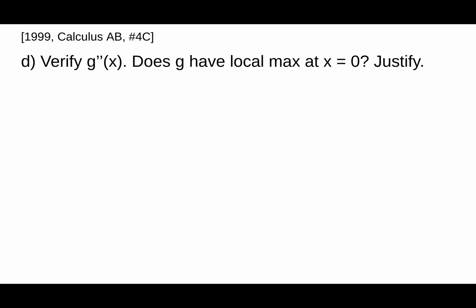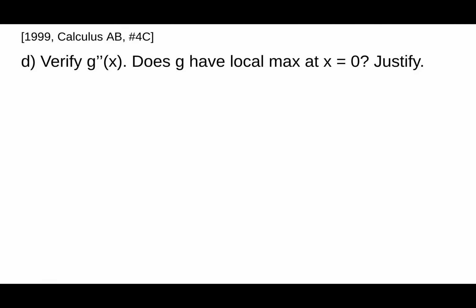In part D of the question, we are given an expression for the second derivative of g, and we are asked to verify that this is in fact the second derivative of g. Keep in mind we are given in the question stem an explicit formula for the first derivative of g. So really what this question is having us do is apply differentiation rules to get the second derivative of g using the first derivative of g.